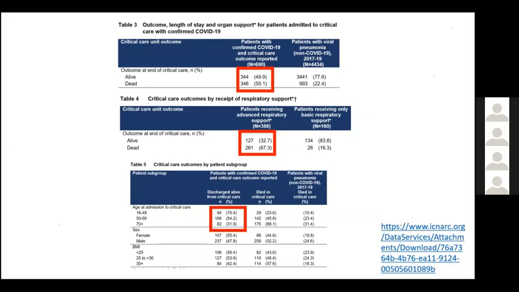But if you look at the final box at the bottom, there's a real difference in survival rates depending on how old you are. Those aged 16 to 49, around 75% are surviving to discharge from intensive care.